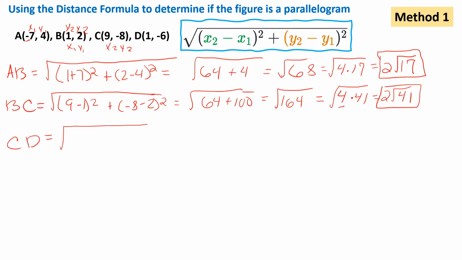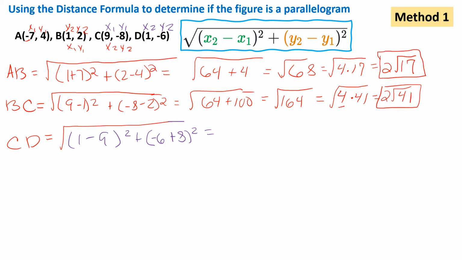Plugging it in. And let me just use a different color to label. CD, x1, y1, x2, y2. Plugging that in. 1 minus 9 squared plus negative 6 plus 8 squared.